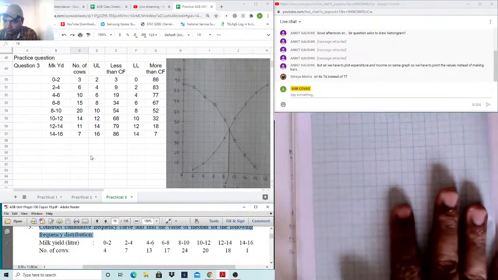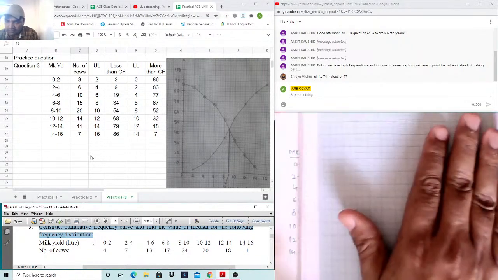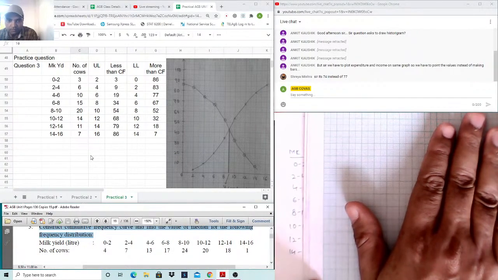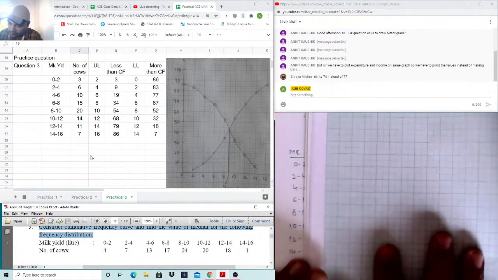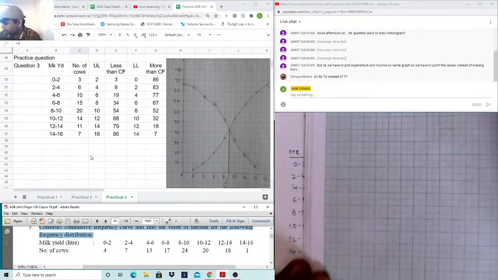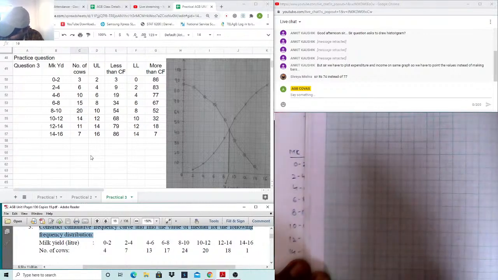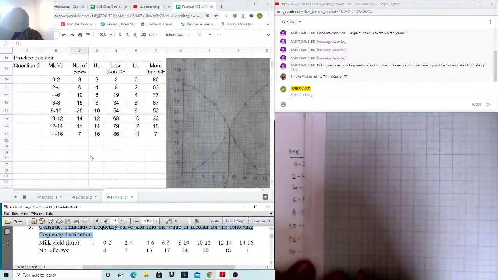So we have this graph paper at the interval of 10.